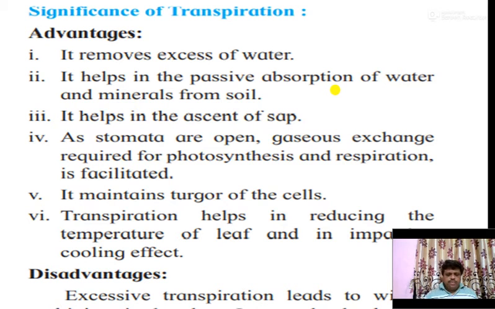This theory was proposed by Leavitt in 1974. In this theory, he reported that there are three ions actually responsible for the closing and the opening of the stomata: the H plus ions, K plus ions, and Cl minus ions. So they play an important role. This is the second theory regarding opening and closing, and the first theory was proposed by Stewart in 1964, before the theory of Leavitt.